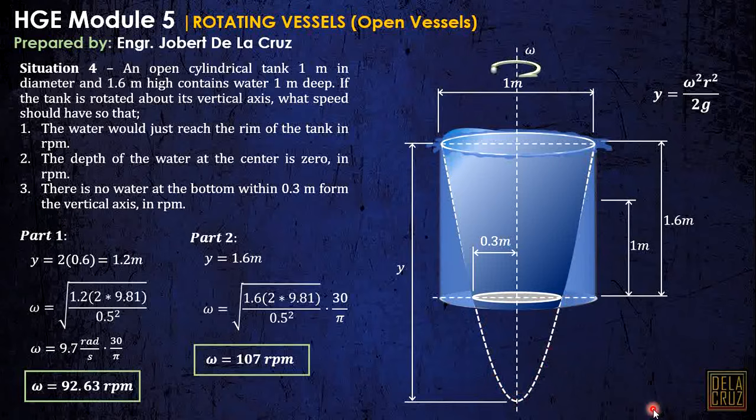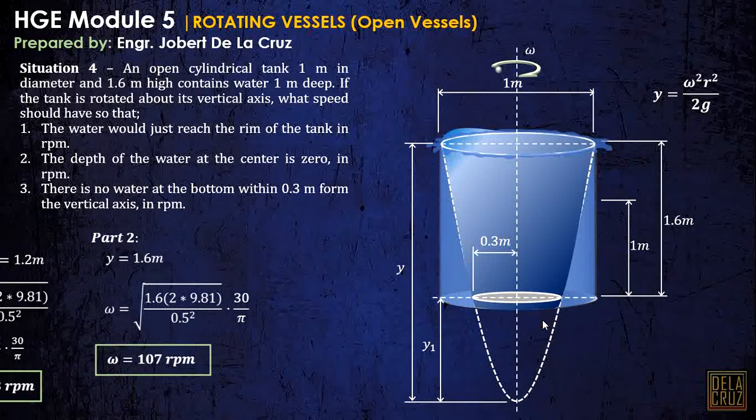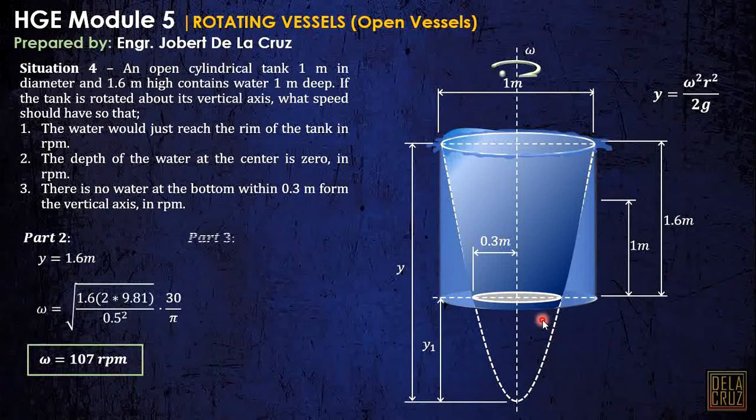Okay? So, in order for us to calculate that one, let's call this one y sub 1 dito sa baba. We have this 1.6 naman. Okay? Then we have 0.3 here. Now, we'll do SPP, square properties of parabola. Okay, look at this one.